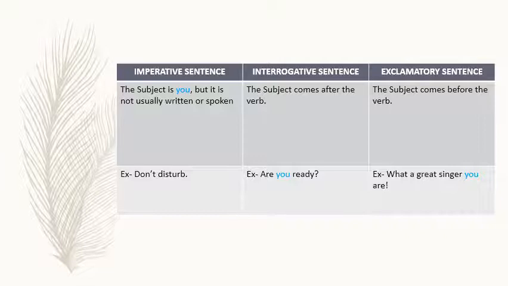So these are called imperative sentences. So how to find a subject in an imperative sentence? The subject in an imperative sentence is you, but it is not usually written or spoken. For example, don't disturb. Here, the subject is you, but it is not written or spoken.